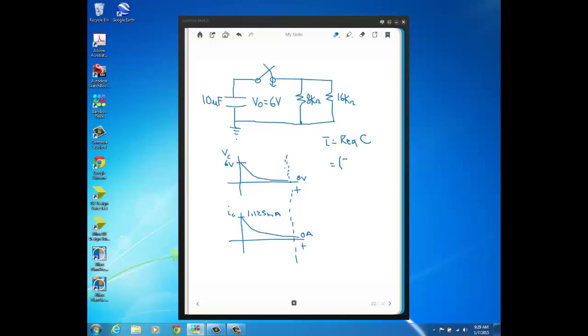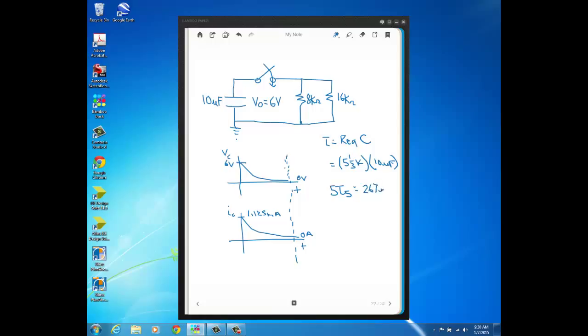We found that it was 5 1/3 K, and the capacitor is 10 microfarads. And remember, it's going to be 5 taus.